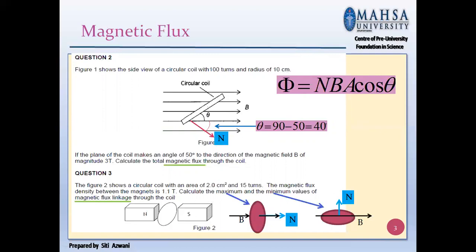The angle you need to measure is the angle between the normal to the area and the magnetic field B direction. So where is the angle? This is the normal of your plane, and this is your B direction.